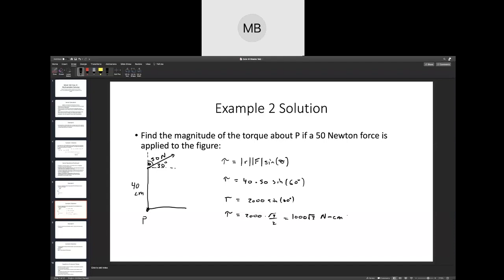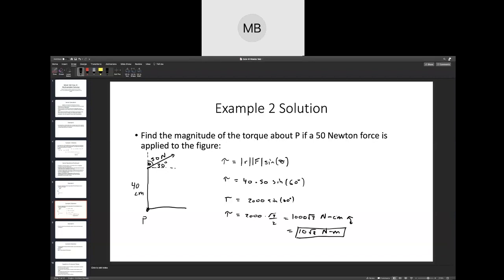Usually it's Newton meters. You can convert that to Newton meters by making this 0.4 and calculating it this way. So you'd get 10 root 3 Newton meters, which is typically what torque is measured in. But since this example didn't really specify either one, it would be fine.